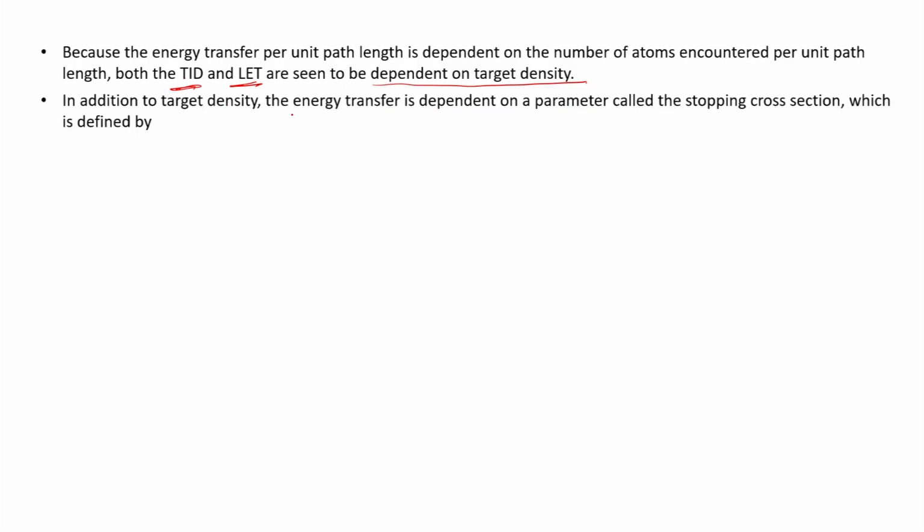In addition to the target density, the energy transfer is dependent on a parameter called the stopping cross section. We will try to understand this, and we will also see another term called the range. You can define sigma stop, that is called the stopping cross section.